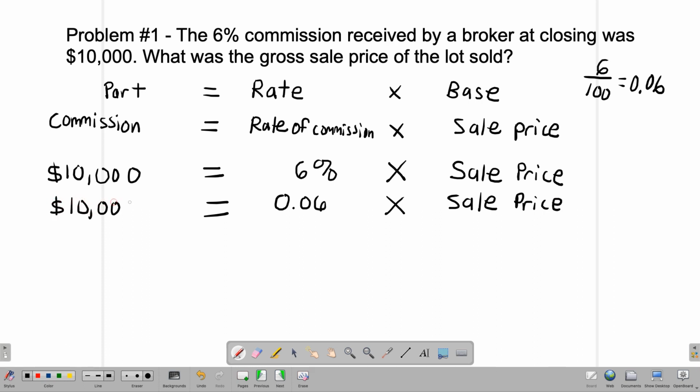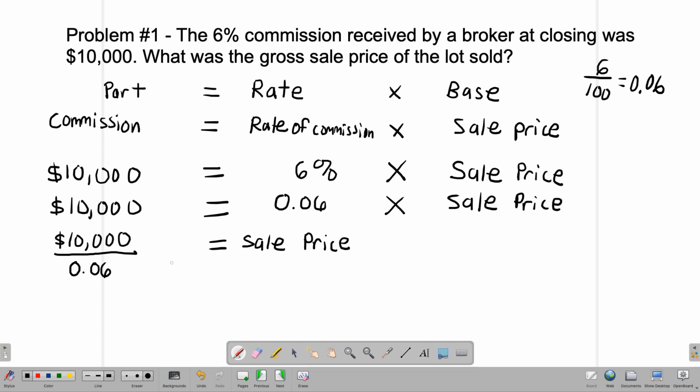All right, so let's rewrite this equation. We want to keep the sales price over here. So the sale price equals 10,000 divided by 0.06. And let's see what this comes out to be. So we have 10,000 divided by 0.06.